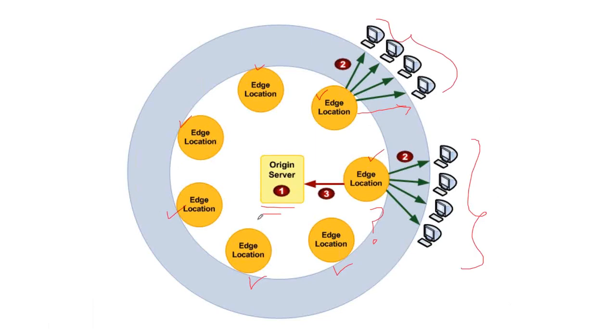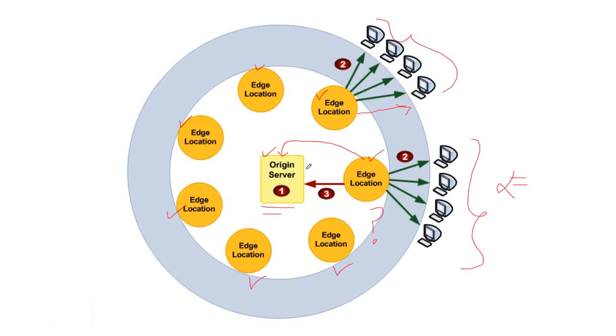So what happens in that case is that the edge location will contact the origin server saying, "Hey origin server, do you have the copy of the content that these users are asking for?" The origin server will say, "Yes, of course, I have the content stored in my cache memory."